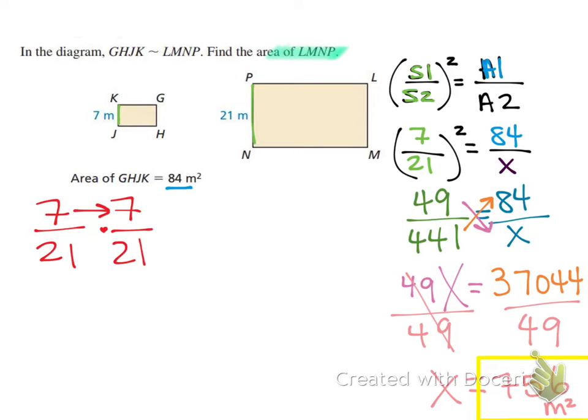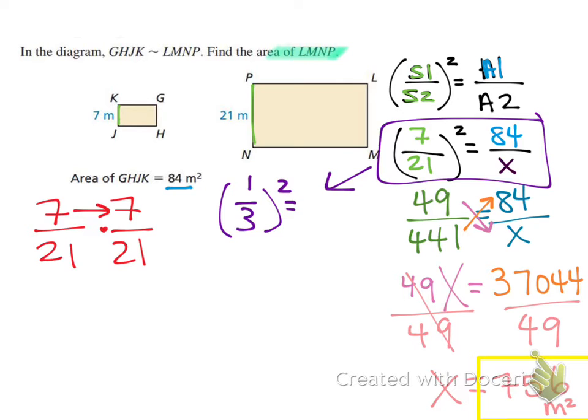All right, which makes sense because shouldn't the area of this rectangle be much larger than the area of this tiny rectangle? I will tell you, you could have taken this and reduced. What does 7 over 21 reduce to? 1/3. If you're good at reducing, go for it.